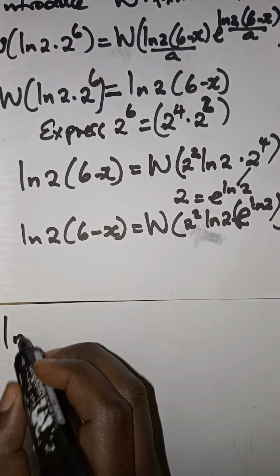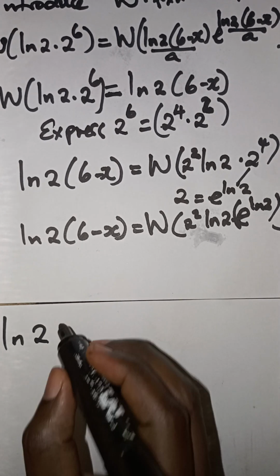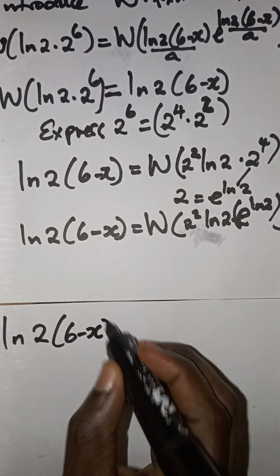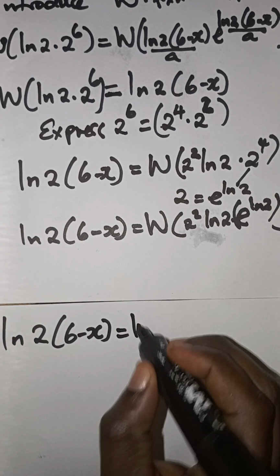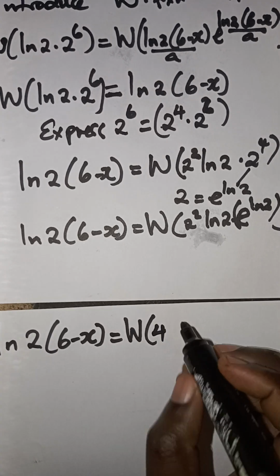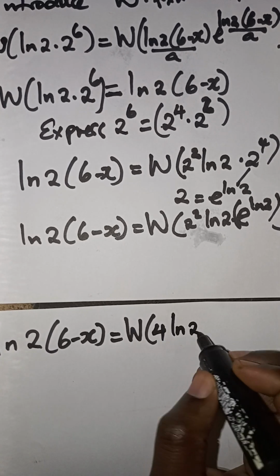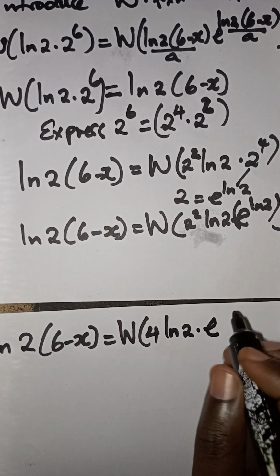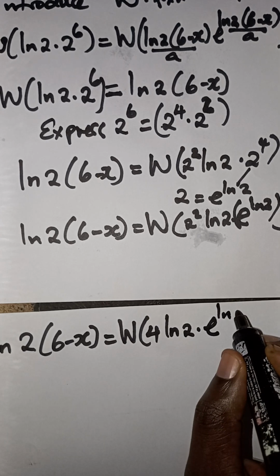So solving it further, I'm going to get the natural log of 2 in bracket 6 minus x should be equal to the W of course, 2 squared is 4, multiplied by the natural log of 2 to the exponential of the natural log of 2.